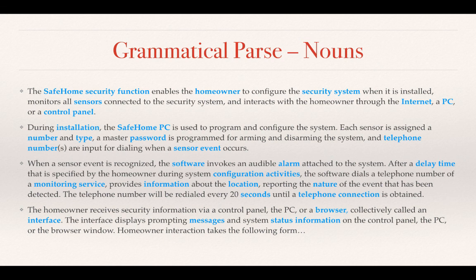In the second paragraph, number, type, password, telephone number, and sensor event, these all look like data. I don't see anything here that looks like a data store, but I do see something called configuration activities. And usually, if you configure something, you're going to have to save or store that configuration information. So you're probably going to want a data store for that.